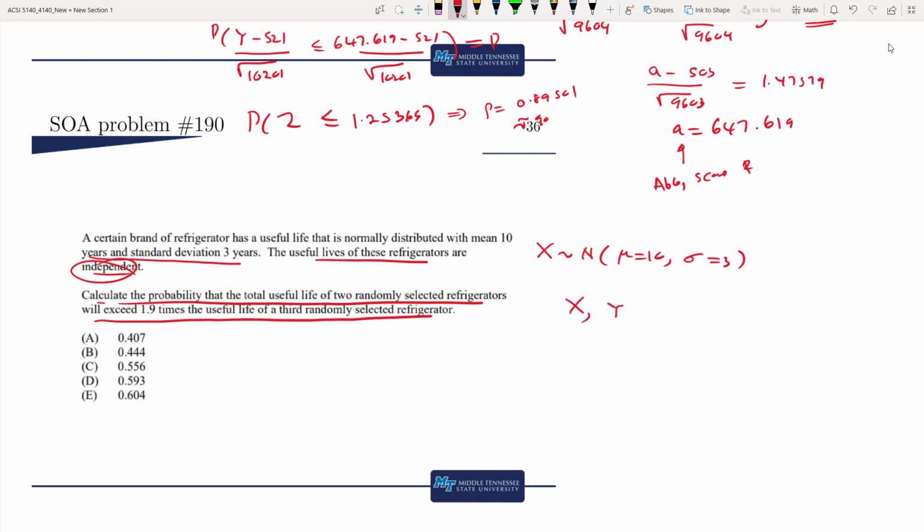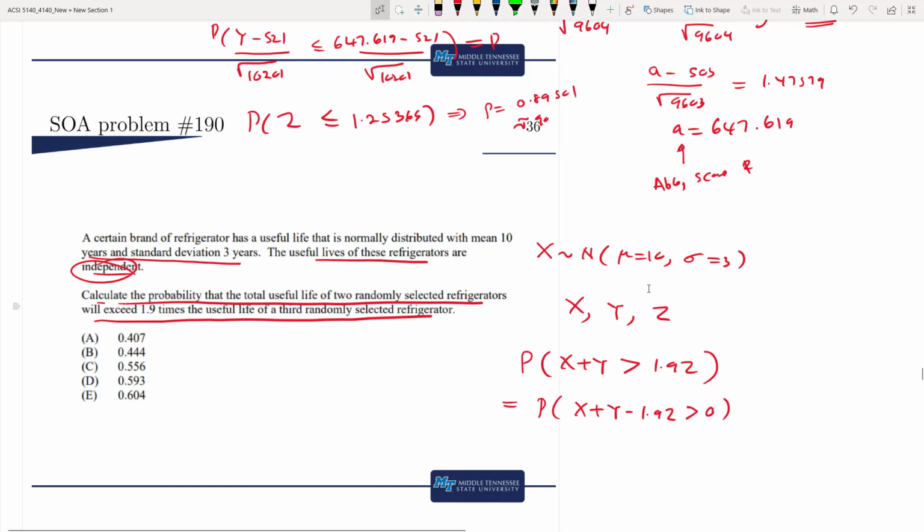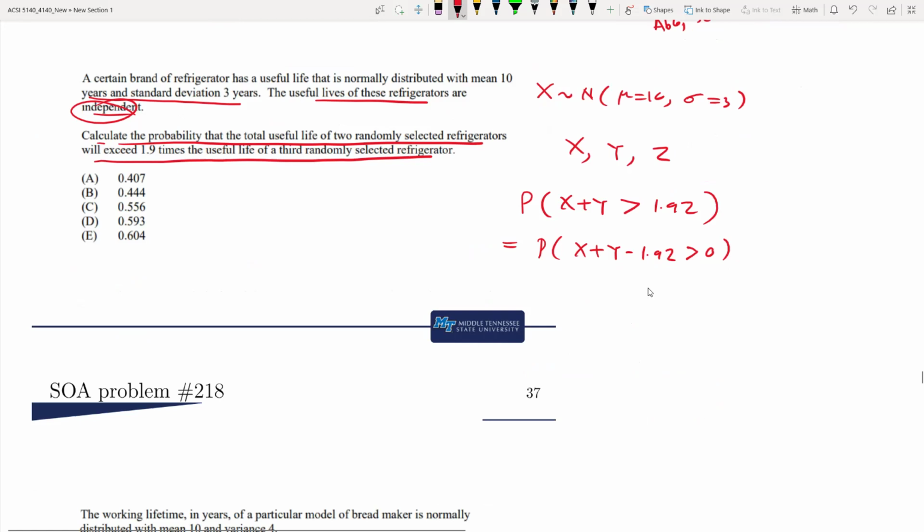So we have three refrigerators, x, y, z. So we want to know the probability that x plus y is more than 1.9 times z. So if I bring everything to one side, what's the probability of that? Remember that when you add normal random variables, if they are independent, then the result is going to be normal.